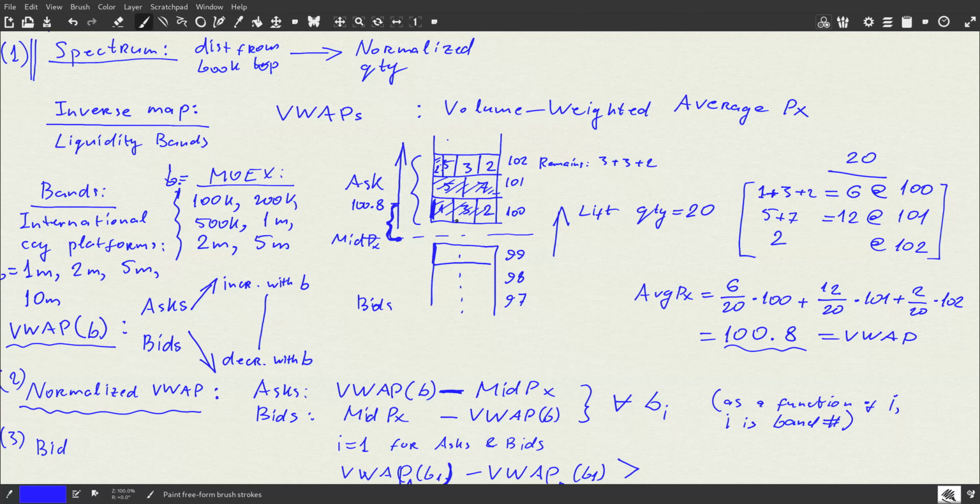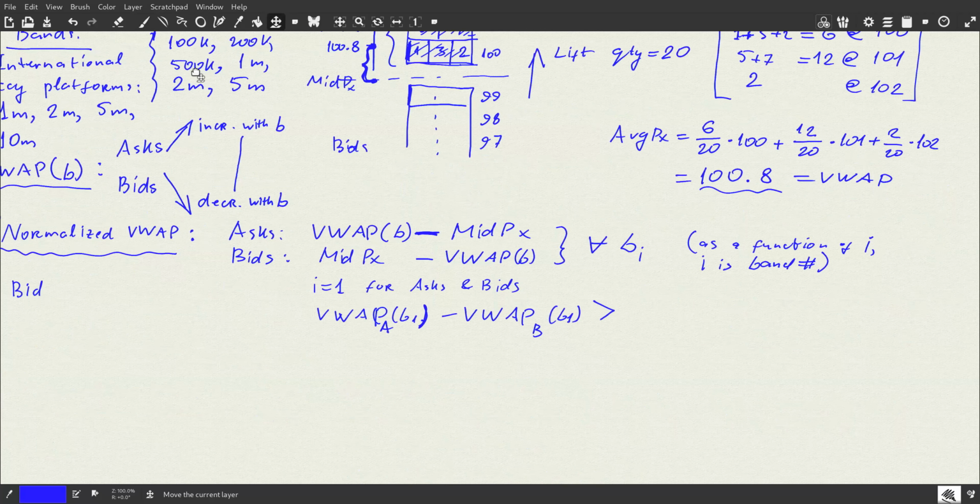So for example, here the best price is 100, but the VWAP we compute, for example, for 20, suppose that's our first band, is 100.8. So in general, we can only say that this quantity is greater than or equal to bid-ask spread.